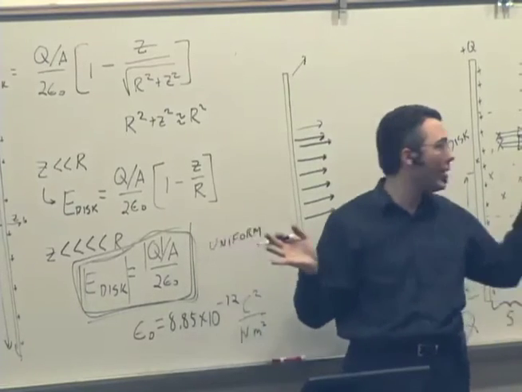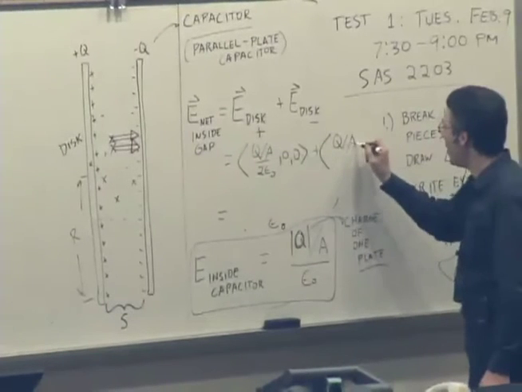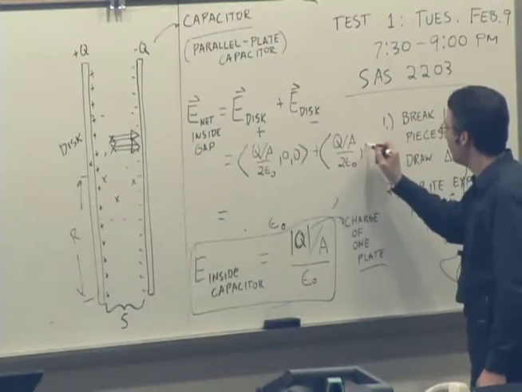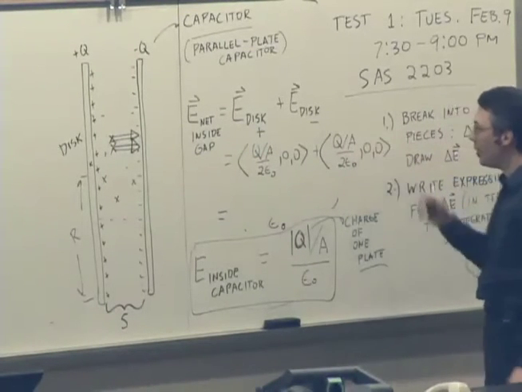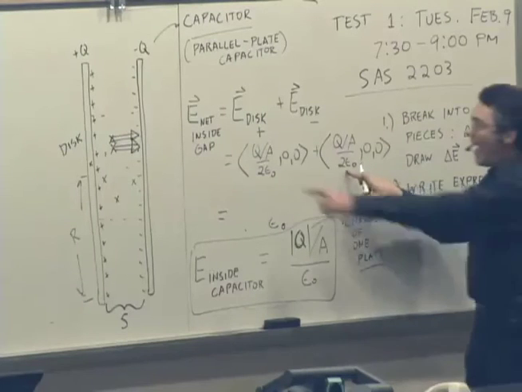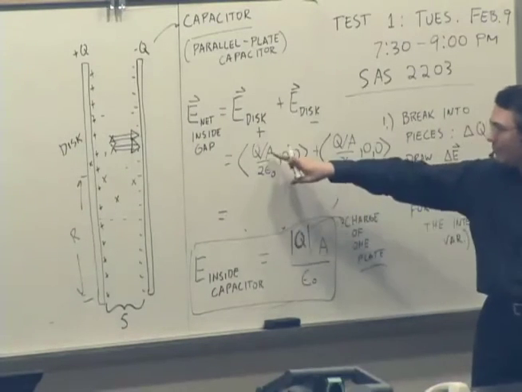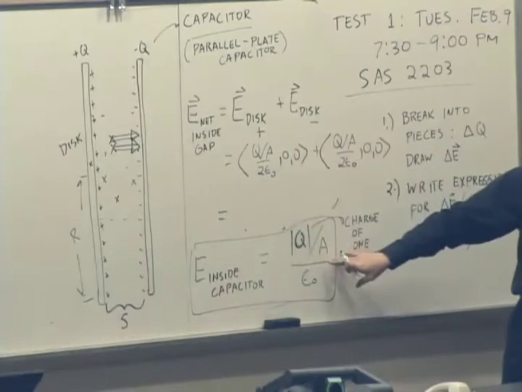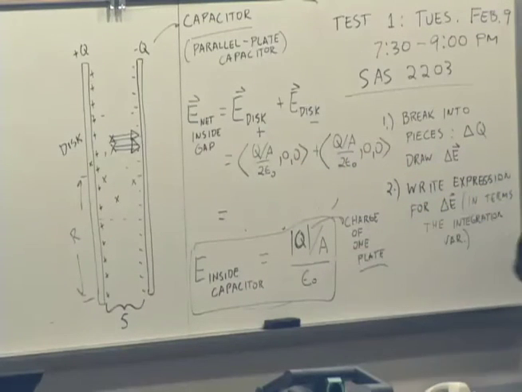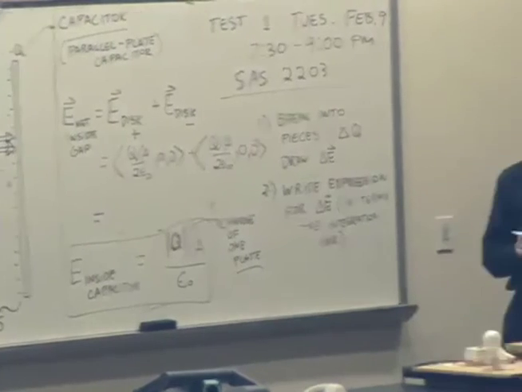So it's the same formula, another factor of q over a over 2 epsilon 0, and then 0 in the y and z directions. Adding these two together, if I add 1/2 of something plus 1/2 of something, I just get this back. So all I'm doing is adding two fields together.